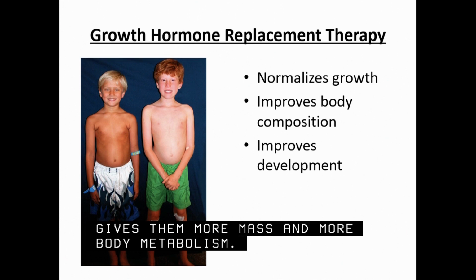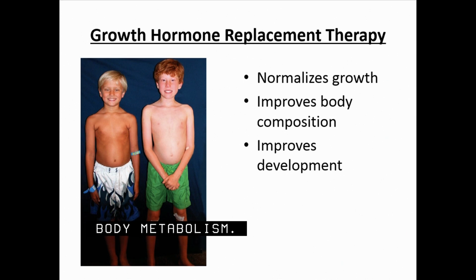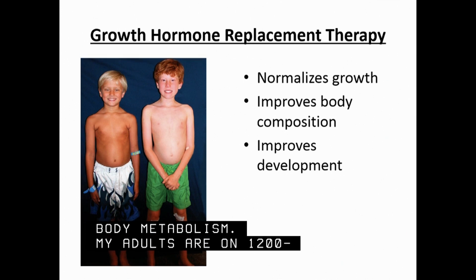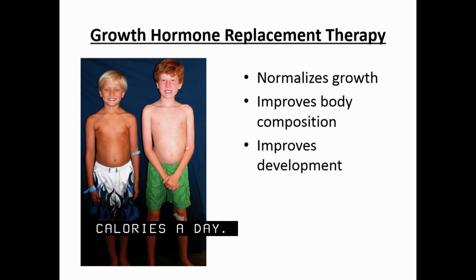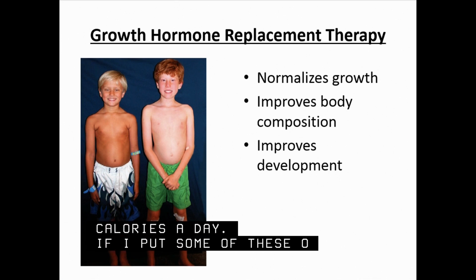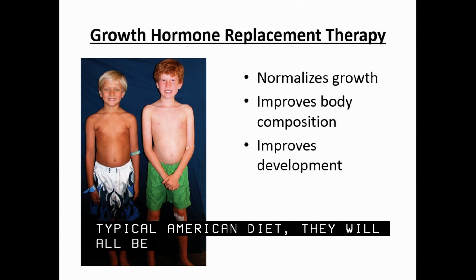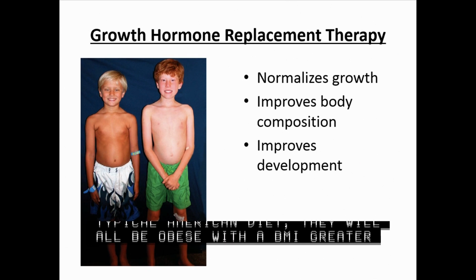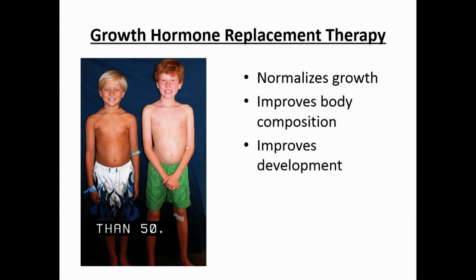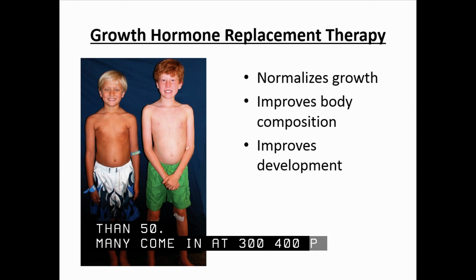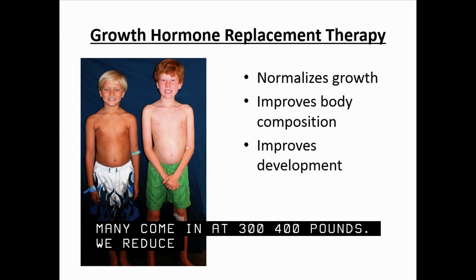Some a little more, some a little less, but if I put some of these on a typical American diet, they'll all be obese with a BMI greater than 50. Many of these patients come into the group home 300, 400 pounds, and we gradually reduce that weight 1 to 2 pounds per week. And it also improves particularly motor development.